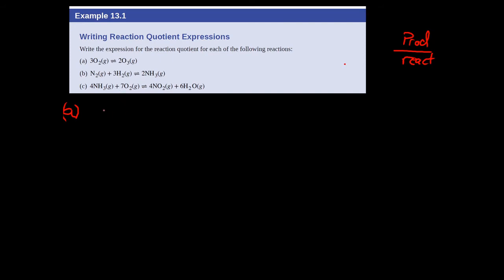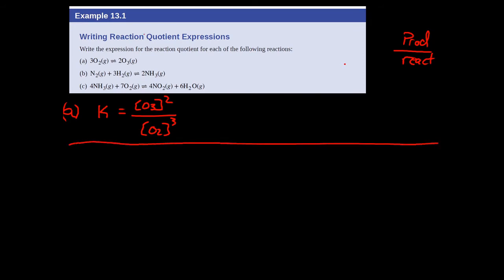So the equilibrium constant for this would be products over reactants: O3 raised to the 2 divided by O2 raised to the 3. And that is the equilibrium constant, and also the reaction quotient, if you're not at equilibrium. That's what you would call that.